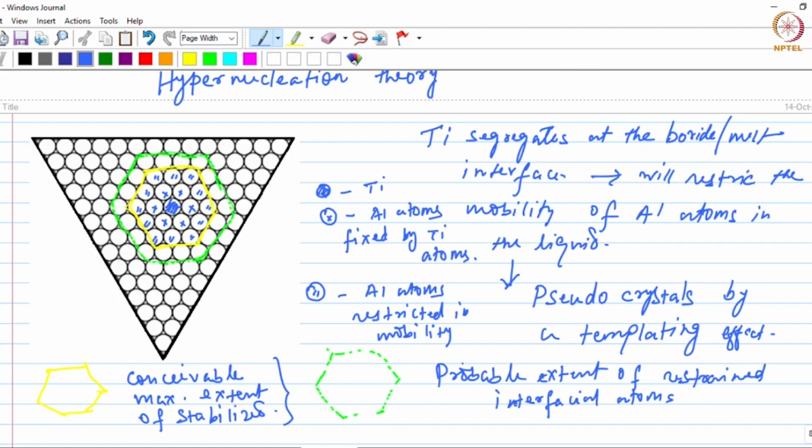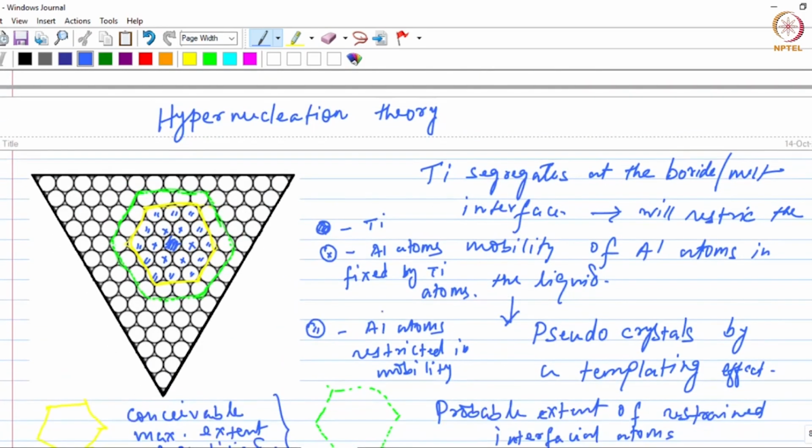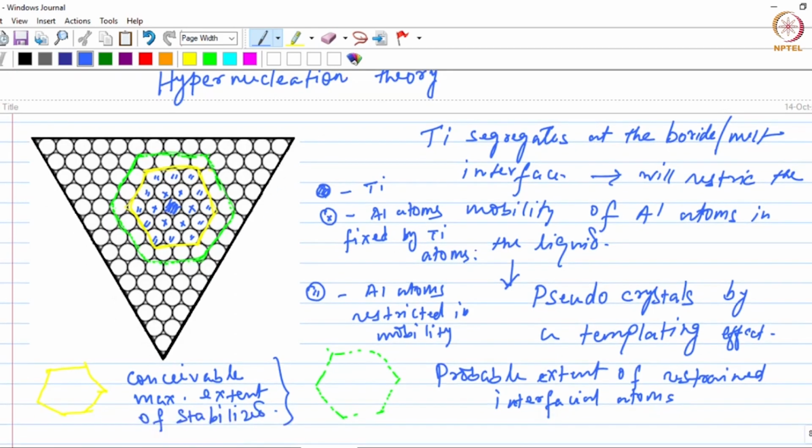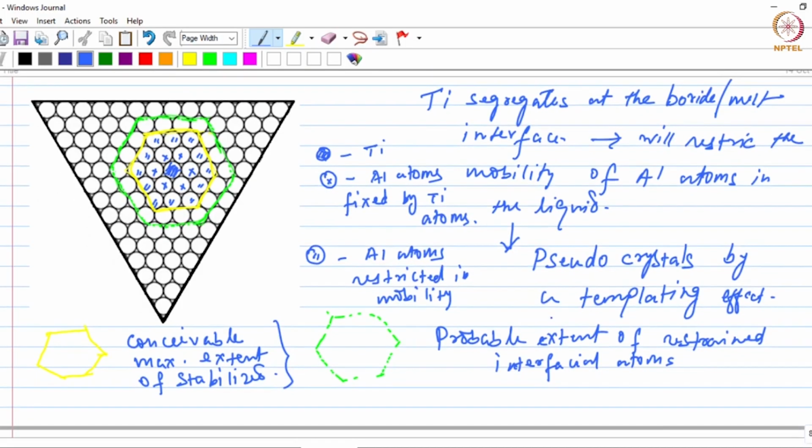Okay. So that is how, with the help of such elements which can segregate along the boride and melt interfaces, the nucleus can form with the help of the pseudocrystals. So now if you look at any section around, let's say, this plane, if you take a cross section around AA, you would find something like this.